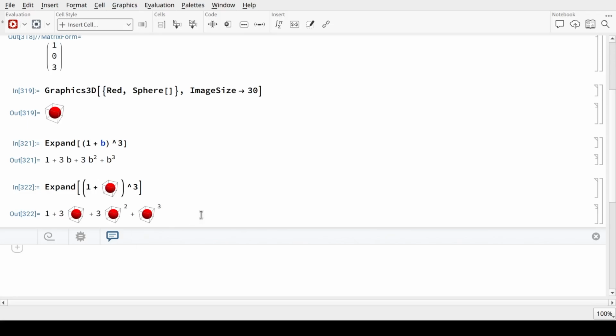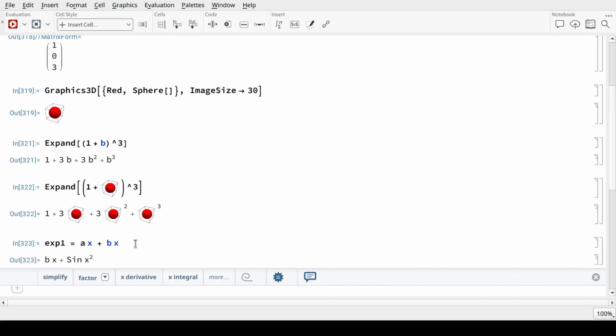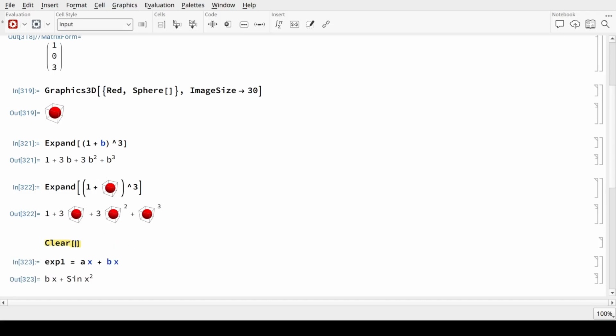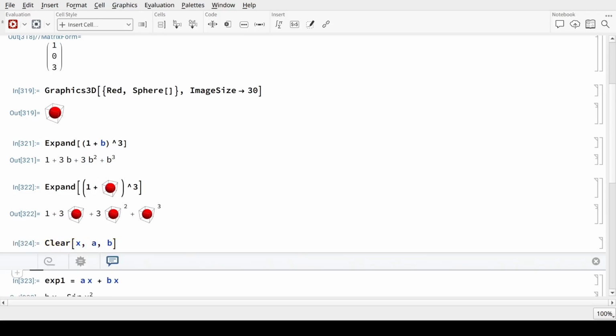And we get this beautiful answer. Now let's move towards replacements. What are replacements and how do they work? For instance, you have an expression of ax plus b plus bx. Let's just clear the definitions of a and b and x.